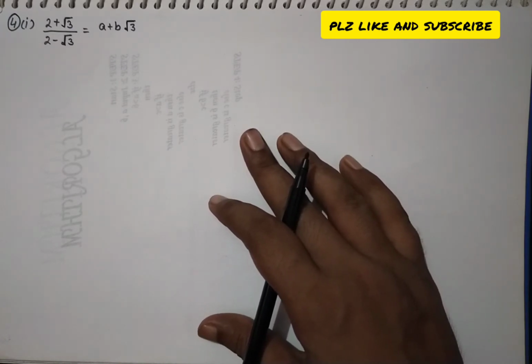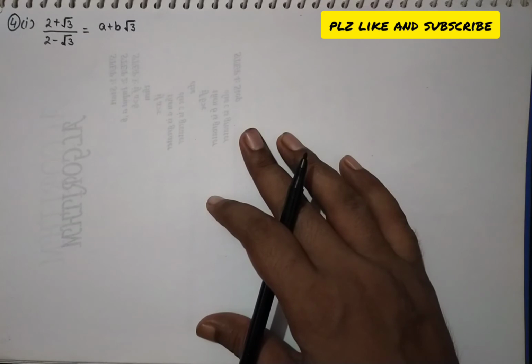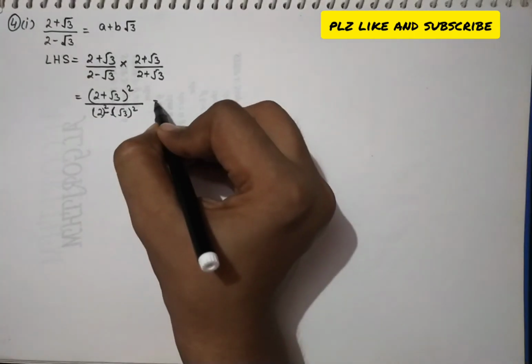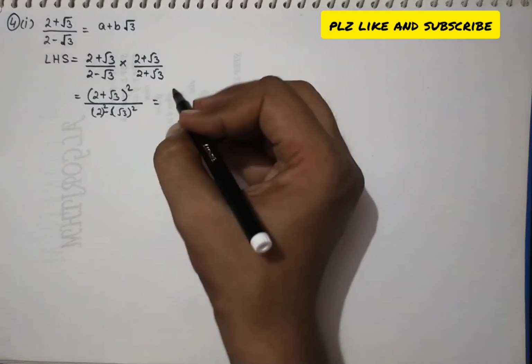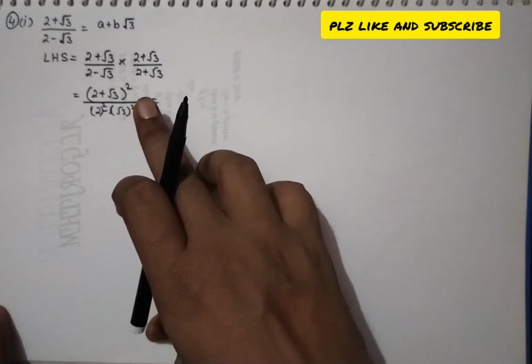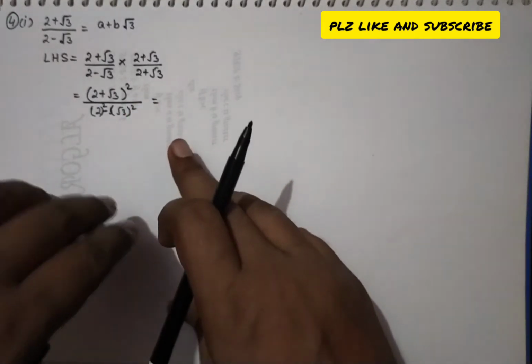So we are going to start the question from the LHS and rationalize (2 plus root 3) upon (2 minus root 3). Starting with the LHS, we are rationalizing this number in the same way which we did in the previous question. Now this is in the form of (a plus b) to the whole square, so this will be written as such. Here we are going to form the square of the numerator and the denominator.